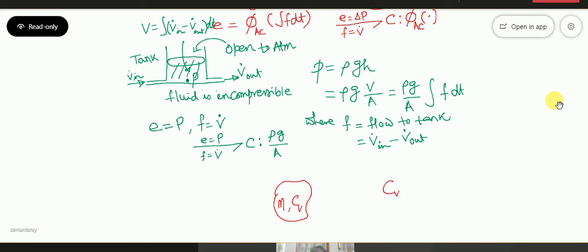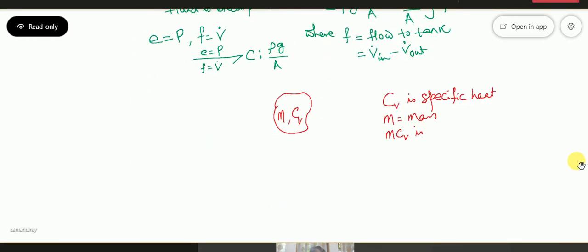Mass times specific heat, MCB, is the heat capacity. Now to this we have some kind of input. Let's say Q dot, and its temperature is, suppose, T.